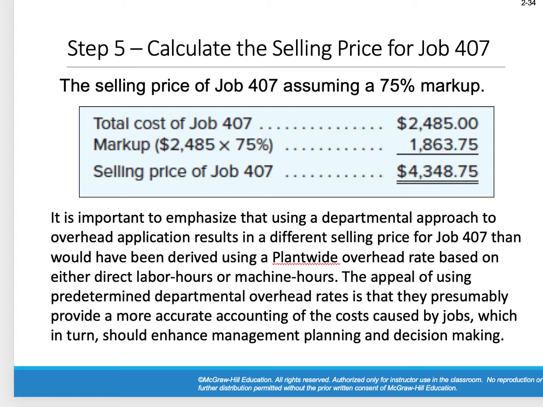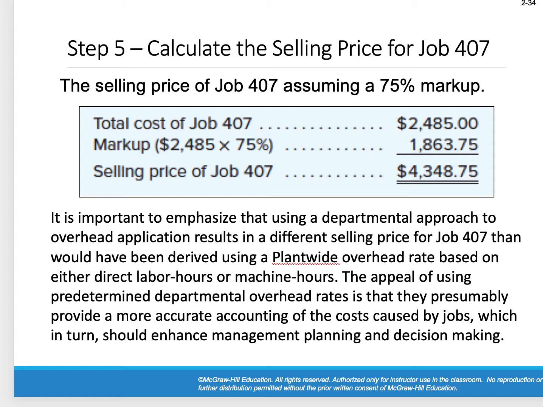Okay? Keep in mind now that we used multiple predetermined overhead rates. Okay? If we would have used the plant-wide rate based on either direct labor hours or machine hours, we would get a totally different cost structure, right? Because we would be applying overhead based on either machine hours or direct labor hours, right?